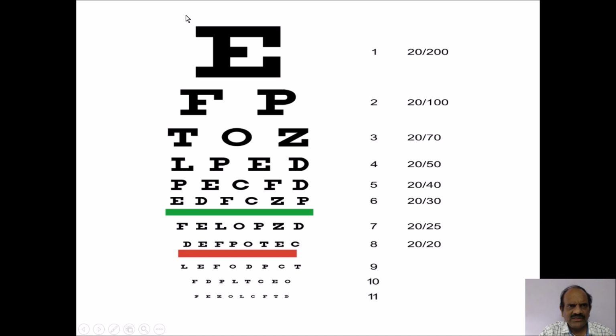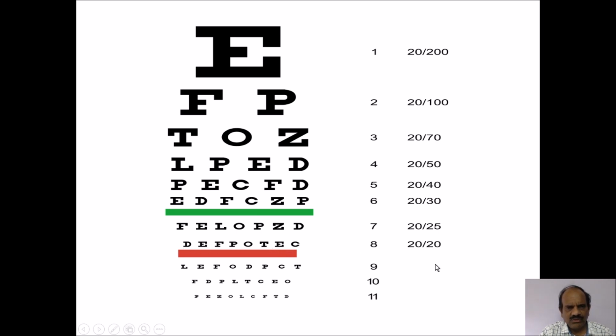What you are observing before you is the Snellen chart, which shows an arrangement of different rows with different size letters. The first letter is a capital E, and then the smaller letters, starting from P, E, Z and so on. This chart is placed at 6 meters, and the individual has to read all the letters clearly from a distance of 6 meters, approximately 20 feet.